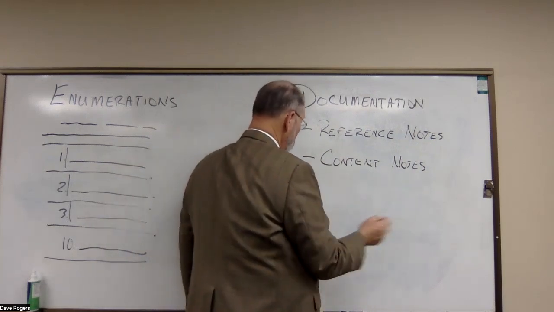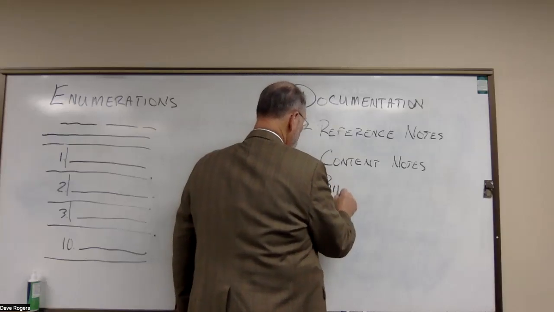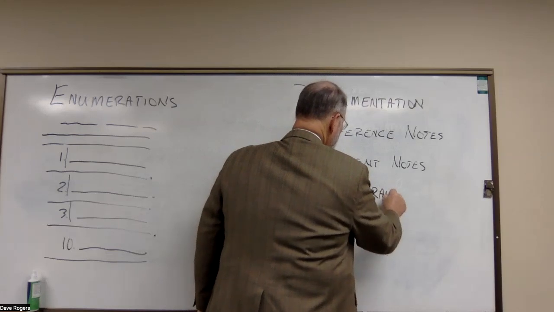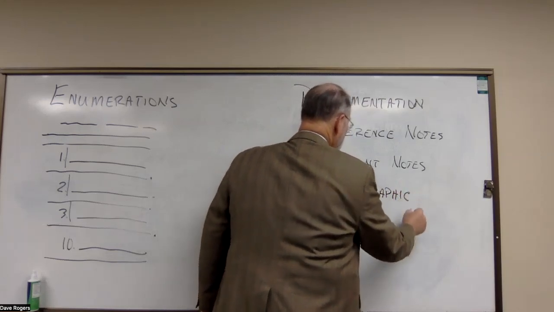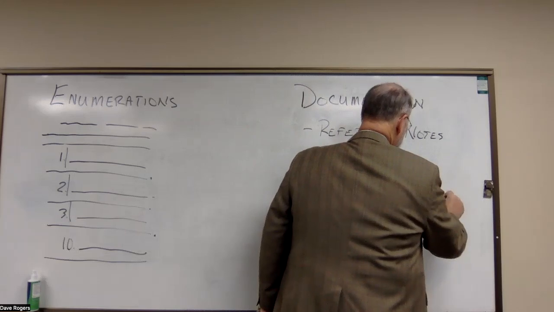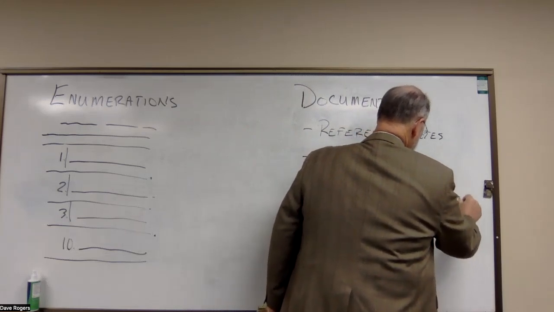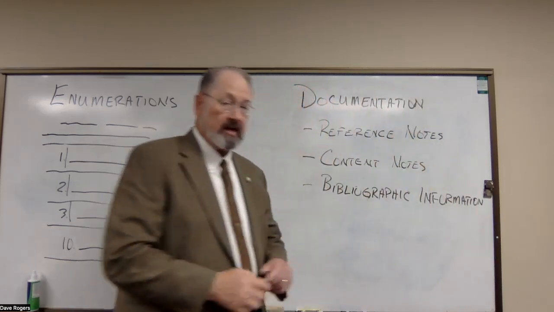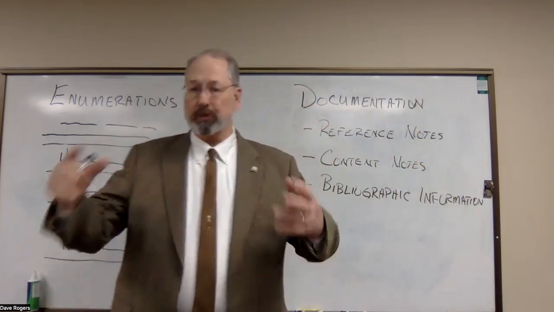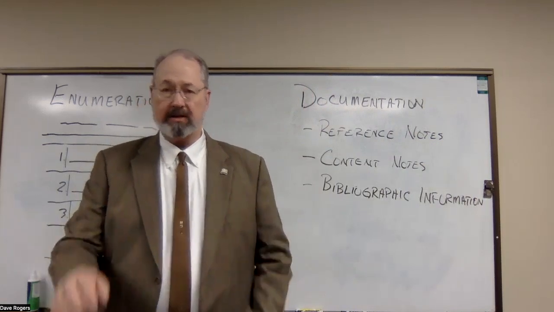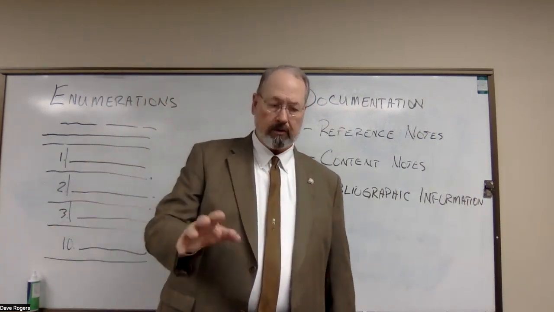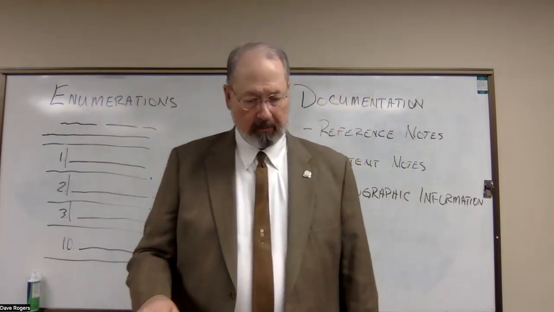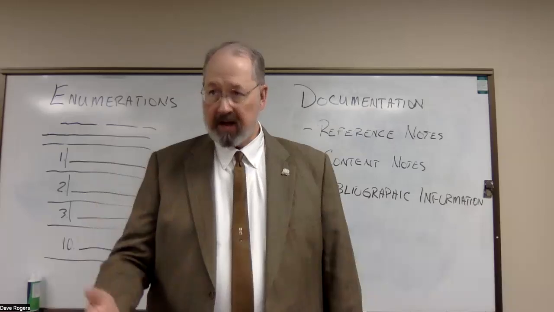And of course, in a bibliography, you will have bibliographic information. But sometimes you'll need to include some of that bibliographic information in the text of the paper. That's not necessarily a full bibliographic entry, but you may need to note the year of publication or something like that, and you would include enough information to document it.